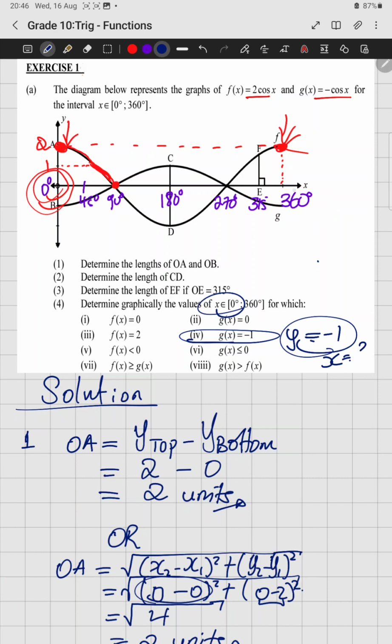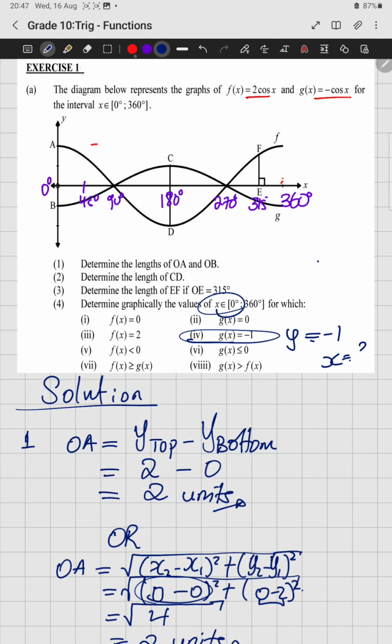Now let's go to the graph and check that. So let me just try to erase this portion. Okay, wonderful. So where y of g is -1, what is the x there? So let's come over here.